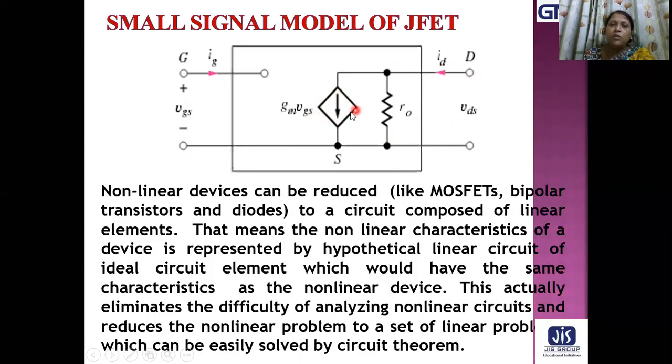These dependent quantities actually depend on the voltage VGS, the input voltage, the gate to source voltage. That's why this is represented as gm VGS. This is the source terminal, this is the gate terminal, and this is the drain terminal. The input impedance is very, very high, infinite. That's why the input is kept open.